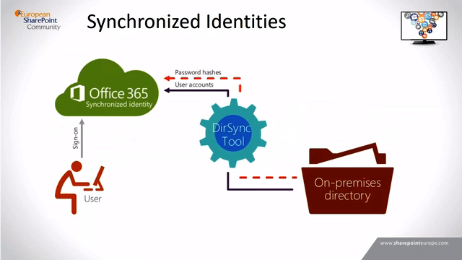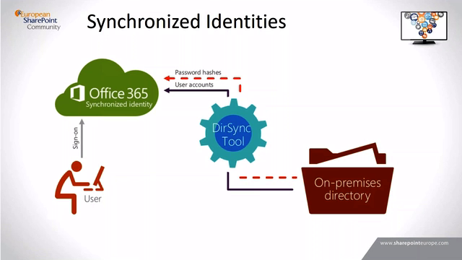Moving forward, the next solution is actually the synchronized identities. These identities are also known as federated identities, but there is a difference. What happens is in this scenario, we do have our local Active Directory infrastructure, and regardless of the location of our Active Directory infrastructure, it could be on Amazon Cloud, it could be on Microsoft Azure using infrastructure as a service, or it could be my on-premises data center as well.